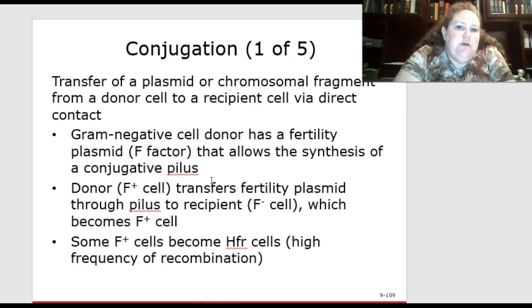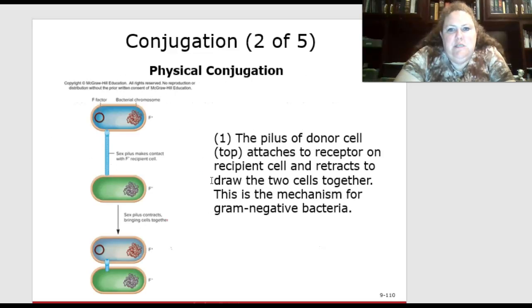So this would be like when a gram-negative donor cell has a fertility plasmid or F factor that allows the synthesis of a conjugative pilus. Then the donor, which is an F positive, transfers the fertility plasmid through a pilus to the recipient, which is an F minus cell. And then this therefore becomes an F plus cell. And some F plus cells become HFR cells, which would be high frequency of recombination.